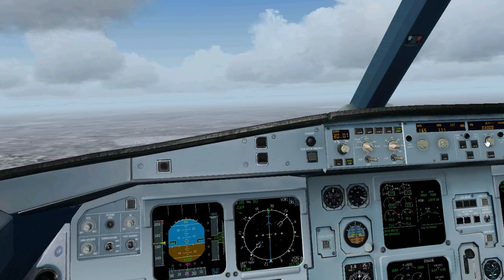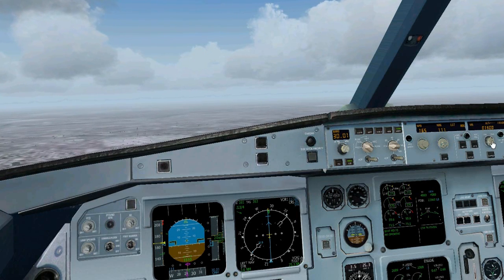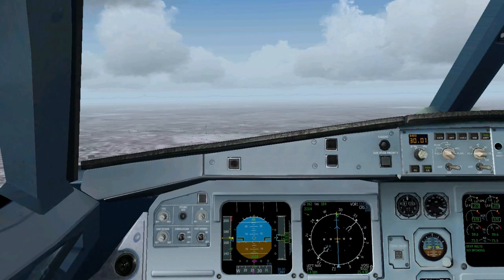You should always use these altitude and heading bugs to remind you where you're going, or what altitudes you're going to hold, or what headings you're going to fly. They can help out when things get confusing.